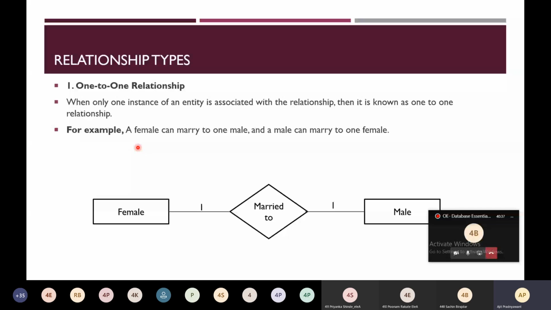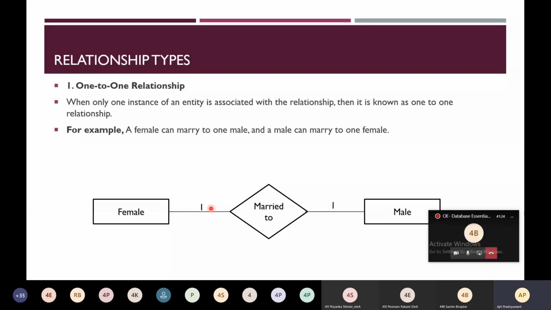Diagrammatically, in the ER diagram, you have to represent it like this. This is our female entity, this is our male entity, and they have the relationship married to. And these are called the participation. How many elements are participated? So this female is married to one male, and this male is married to one female.